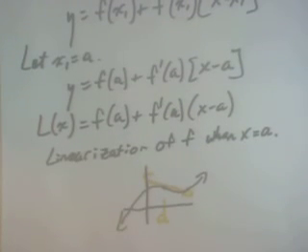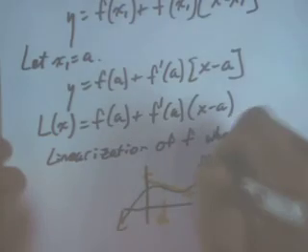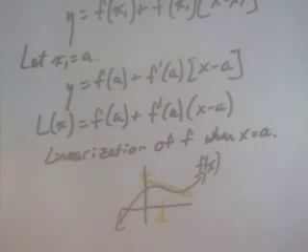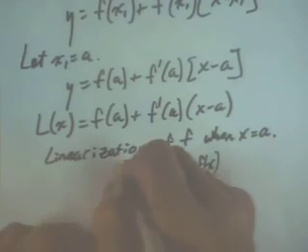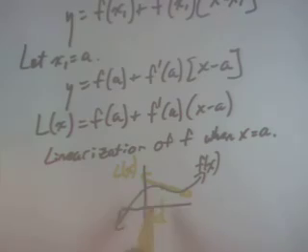So instead of using the function that describes the curve, f of x, we could use L of x to approximate the curve if we needed to know what the value of f of x is at some number close to a. We could plug it into L of x here and get an approximation because L of x is very close to f of x.